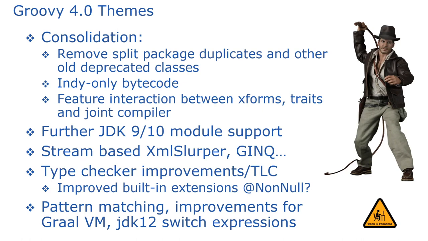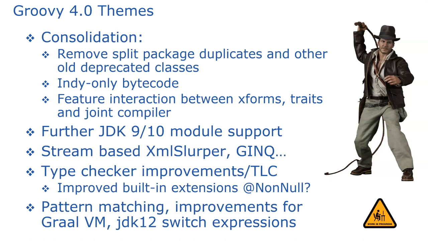That'll be a really nice bit of functionality to round out how all of that works together. There's further JDK 9 and 10 module support planned, so things like writing the module info in a module-info.groovy file. There's all these things that are on the planning list. If you want to help us get any of that done, please get in touch with the project.